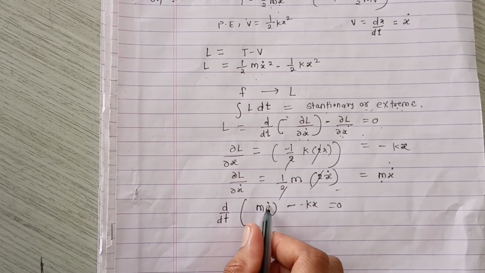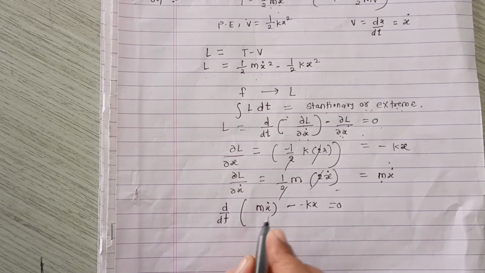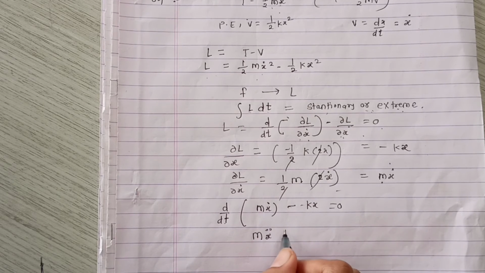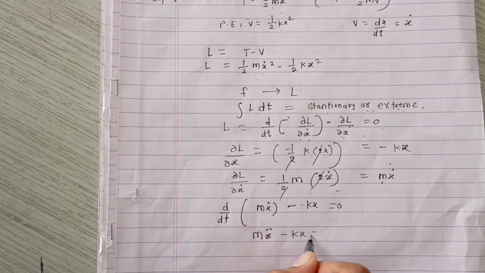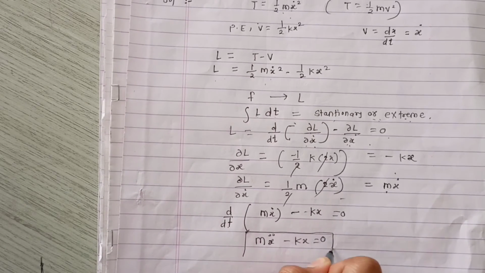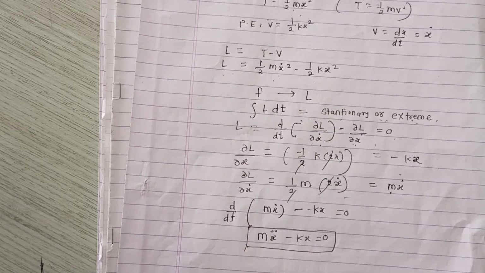Now the derivative of x dot with respect to t gives m x double dot plus kx is equal to 0. So this is the equation of motion for the one-dimensional harmonic oscillator using the variational principle.